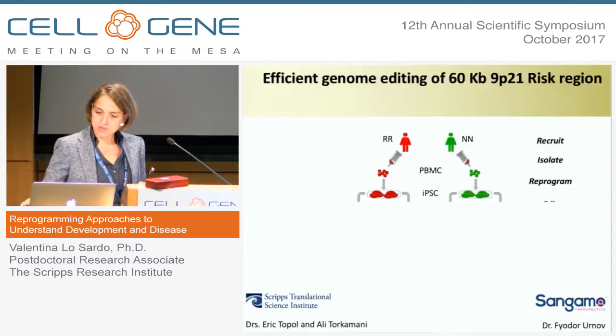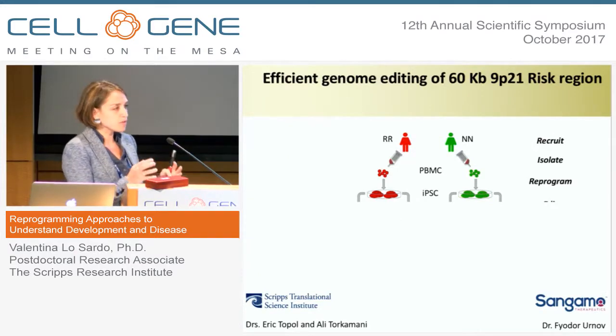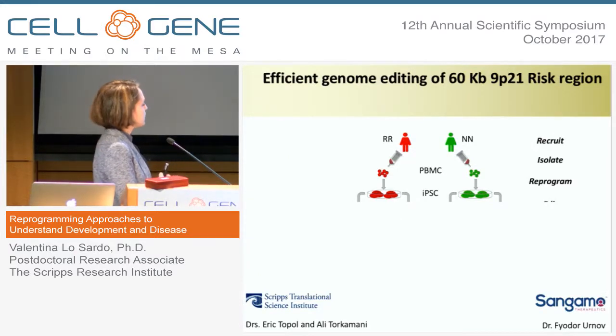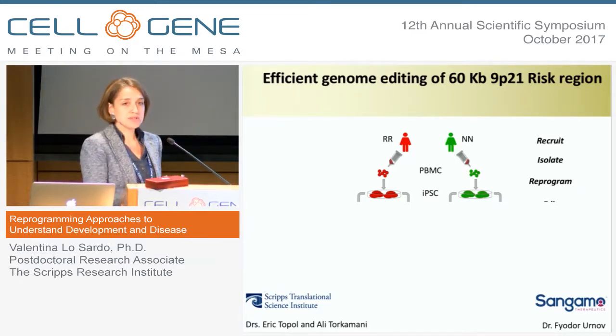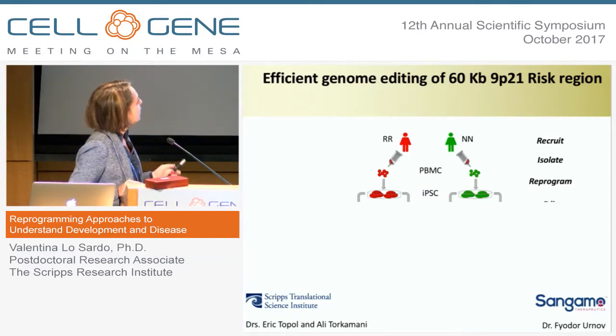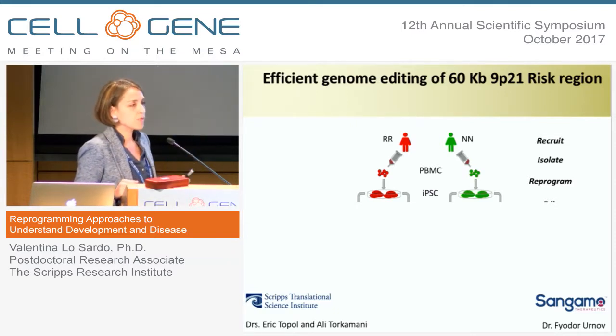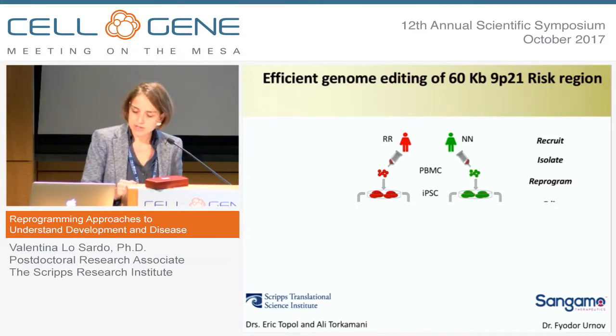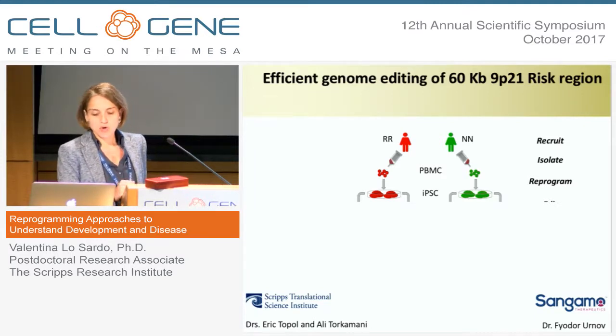What we did was recruit, of course, the right samples. Again, we collaborate with Eric Topol and Ali Torkamani. So we took blood from donors that are homozygous risk or homozygous non-risk, took the PBMC and reprogrammed them into iPSC. Then, with a nice collaboration with Sangamo, we tried TALEN nucleases.